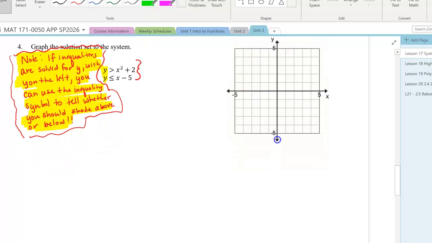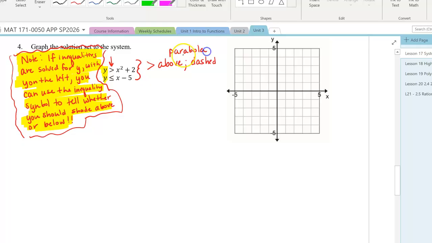In this example, however, y is by itself over here, so we can use these inequalities. This inequality is greater than, which means we'll shade above. Another thing that inequality tells us is that because there's no equals to, the parabola will be dashed.